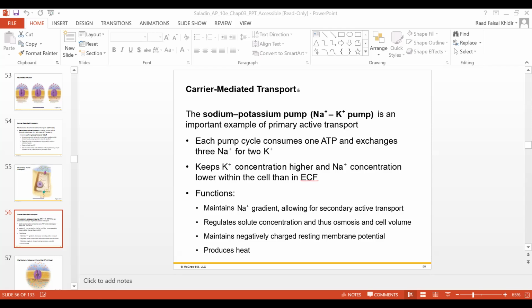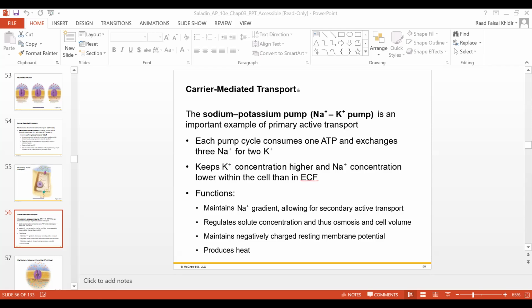Depolarization is mediated by opening sodium channels, and repolarization will happen when we open potassium channels. Depolarization will happen when sodium moves from a lot outside to a little inside, and repolarization will happen when potassium flows from inside to the outside.